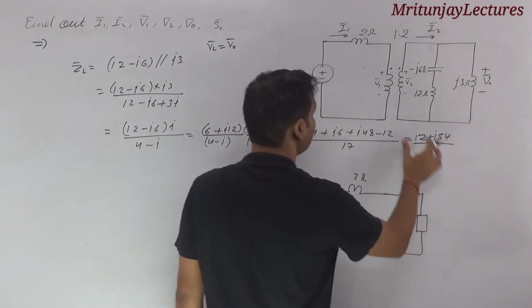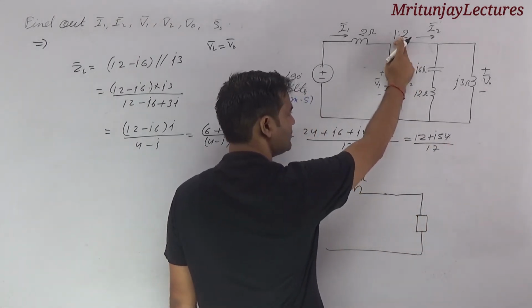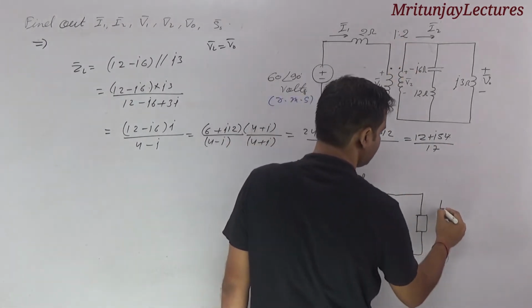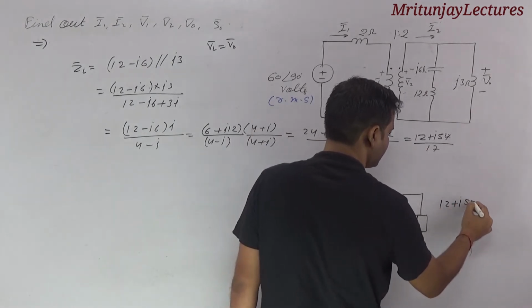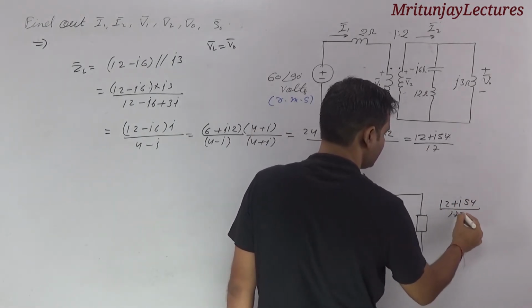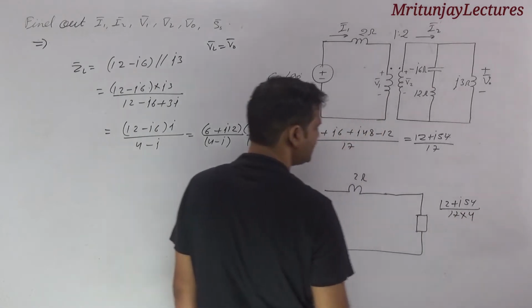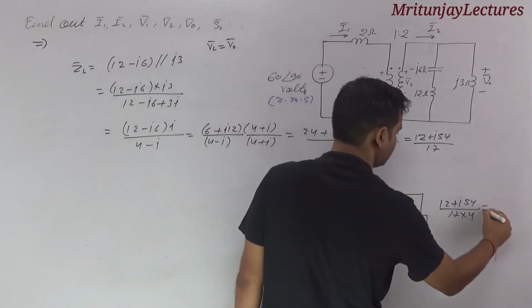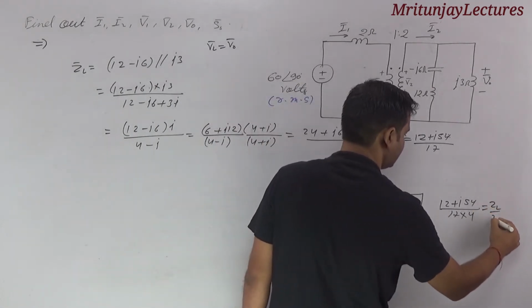Finally ZL by n square, what about n? That is 2 by 1. It means 12 plus j54 divided by 17 into 4. N square means, clear? That is ZL by n square.